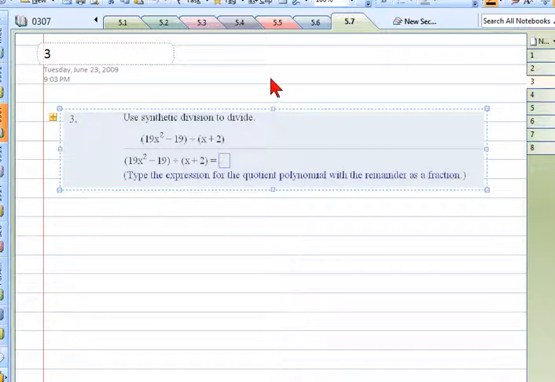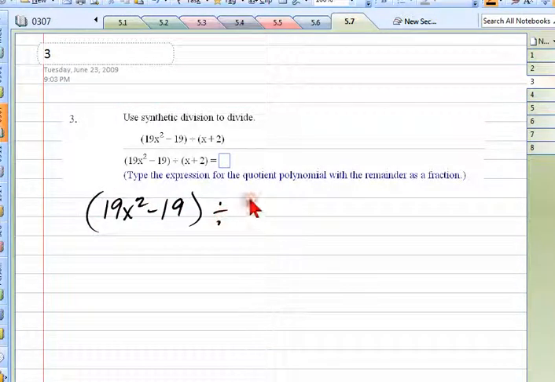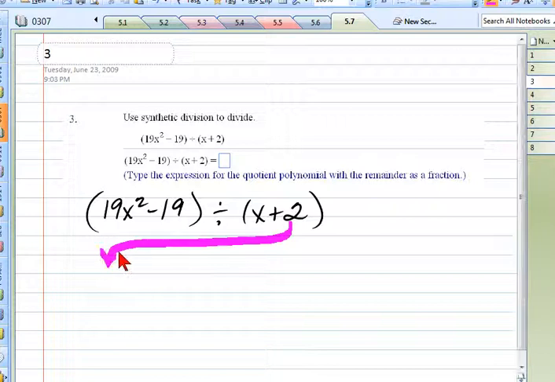All right, this problem is 19x squared minus 19 divided by x plus 2. Using synthetic division, what will I divide by? Negative 2, because that's where I change the sign, and I only do it that one place. All right, what is the high power inside here? X squared.